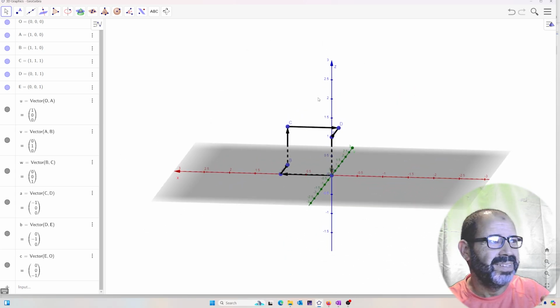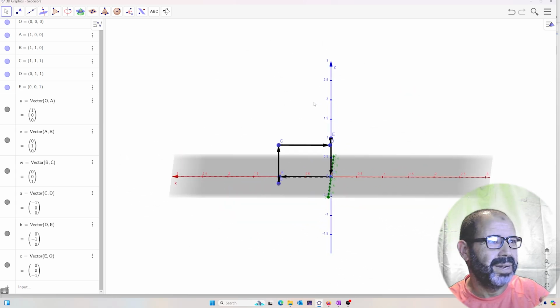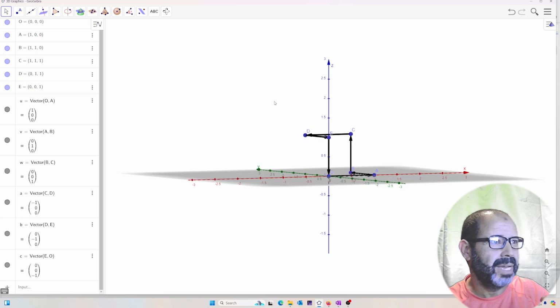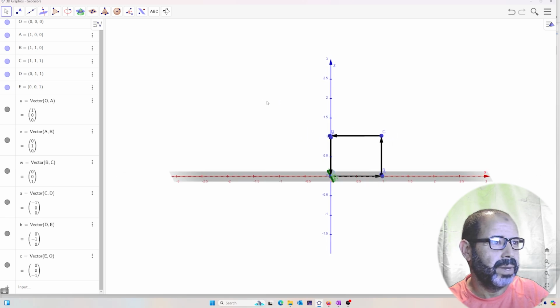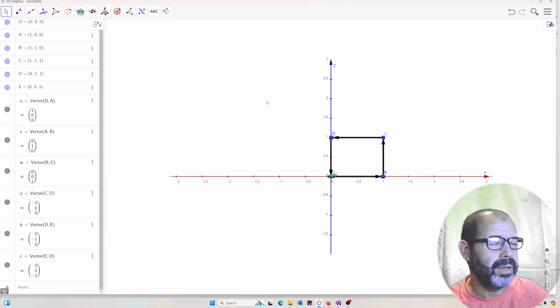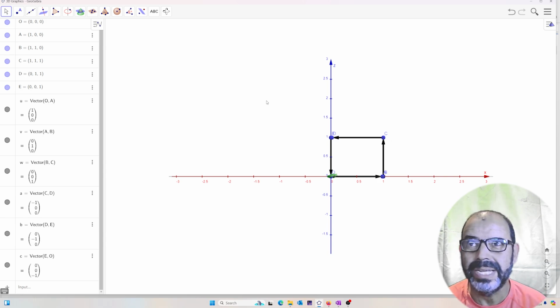Still pointing in that direction. I want the x-axis to be oriented this way. Okay, good. Now it also looks like I'm going counterclockwise on the xz plane.